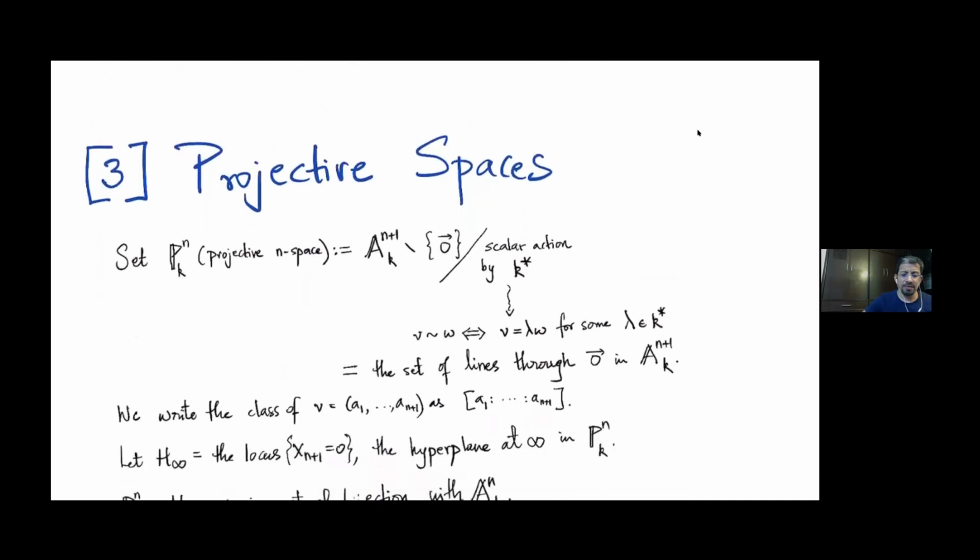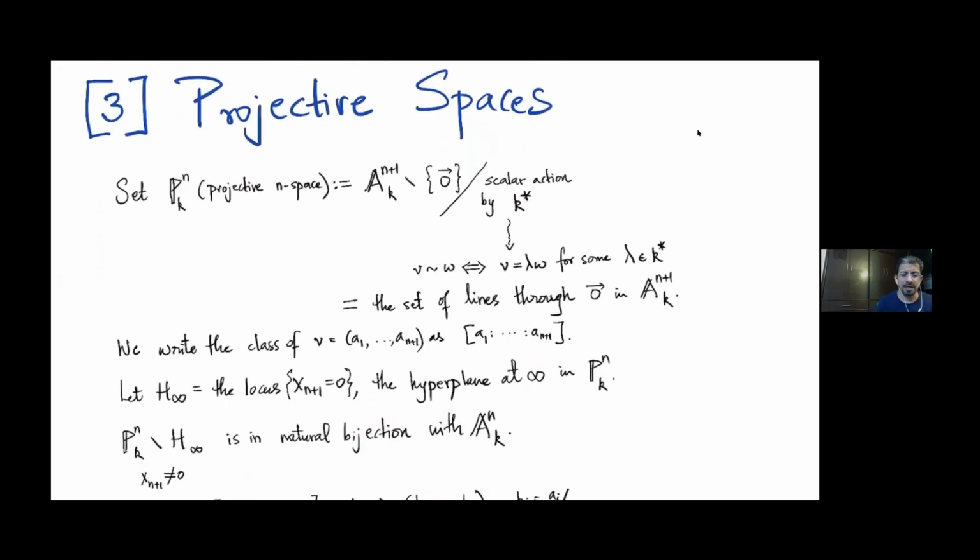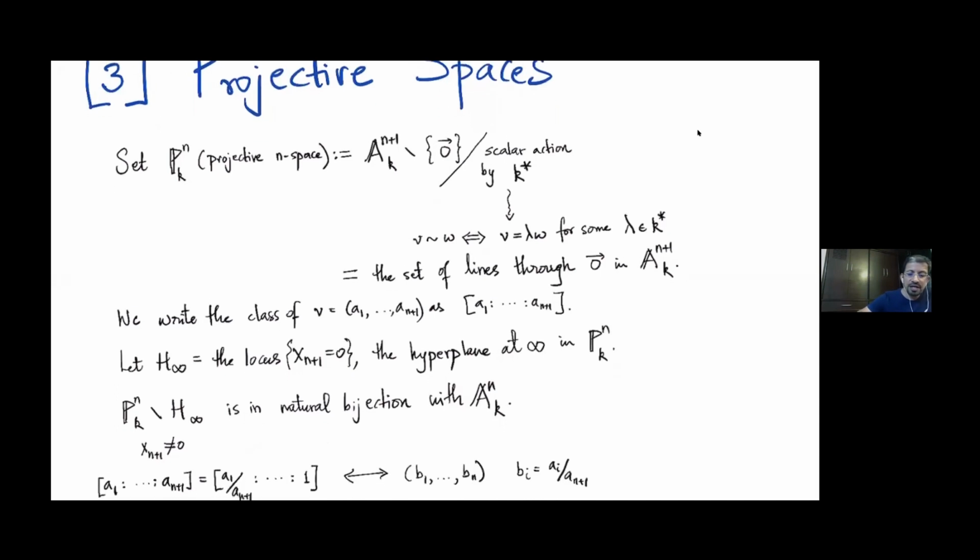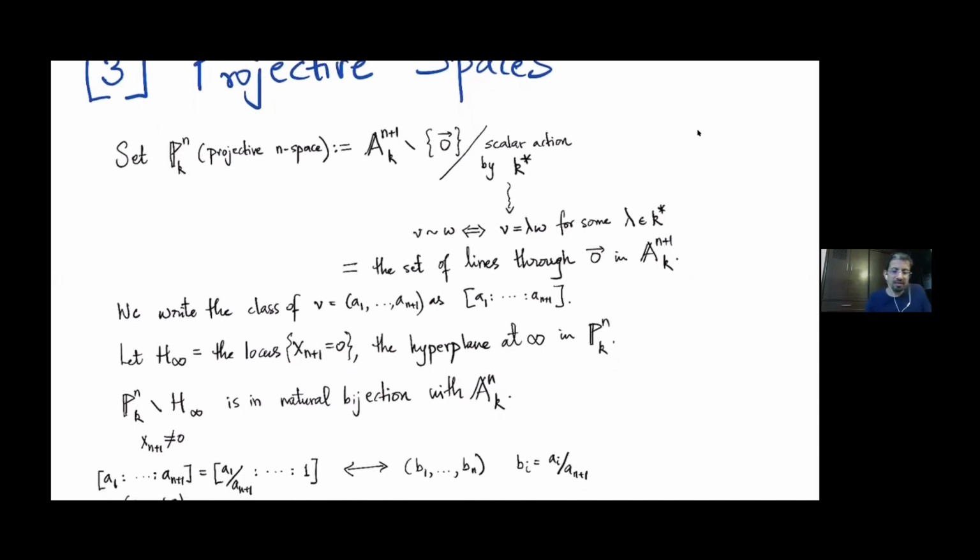So now we come to projective spaces. These are obtained by adding points at infinity to affine algebraic sets, in this case affine space. Set P^n(K), projective n-space, to be equal to A^(n+1)(K) minus 0, modulo the scalar action by K star. This is the algebraic way of doing it.